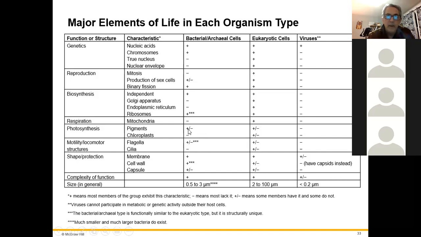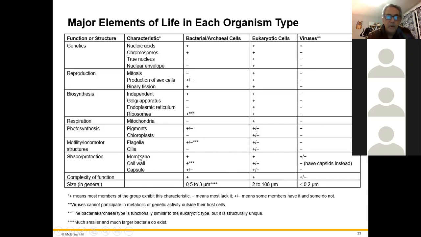Flagella: some bacteria have flagella, single cell eukaryotes can have flagella, viruses not. Cilia is found in eukaryotic cells, not in bacteria, not in viruses.